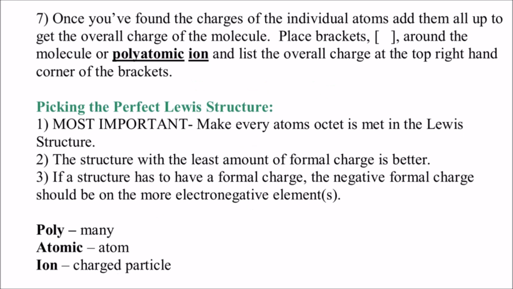Okay? Okay, so the last step here is once we found the formal charge of all of the individual atoms, you add up all of their formal charges so that we can get the overall charge of the molecule. Then you're going to place these brackets around the whole molecule or ion, and since it's a charged molecule, that means it's an ion, and we're going to place that charge in the top right hand corner of those brackets.